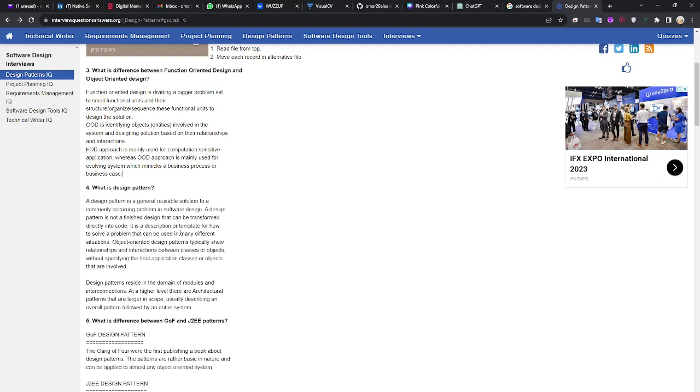It is a model you follow for how to solve a problem, that can be used in many different situations.